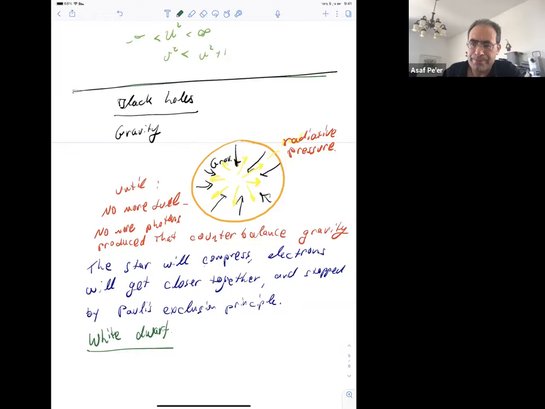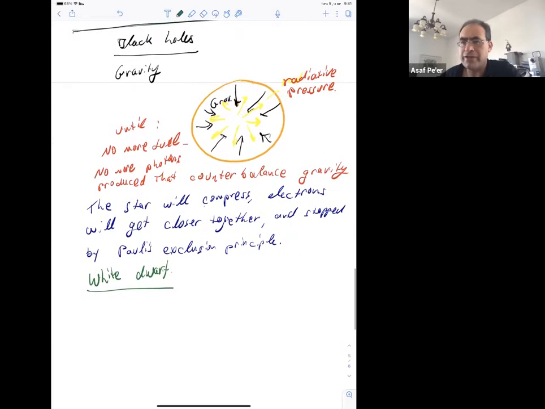Any more questions about that? Okay, so that's for the sun. What if we have stars that are bigger than the sun, more massive than the sun? Then what happens when these stars complete their fuel?